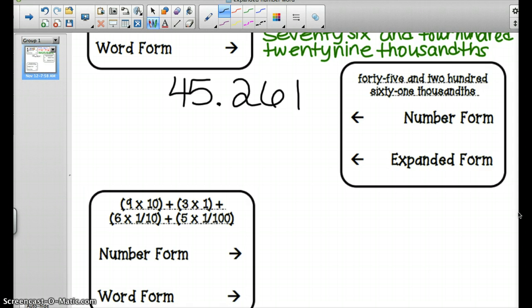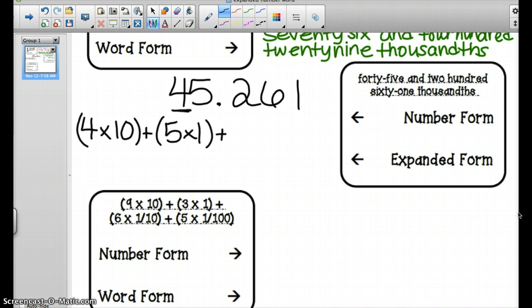Perfect. So now we want to expand it. Who can tell me what is the first equation in our expanded form? Haley. 40 times. No. We're looking at this 4. 4 times 10. Perfect. 4 times 10. What comes next, Sharon? 5 times 1. Perfect.